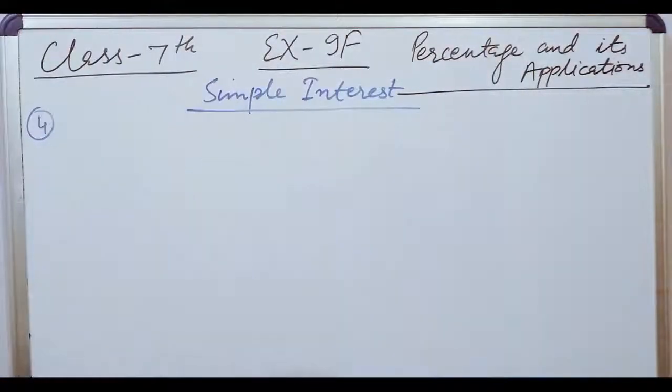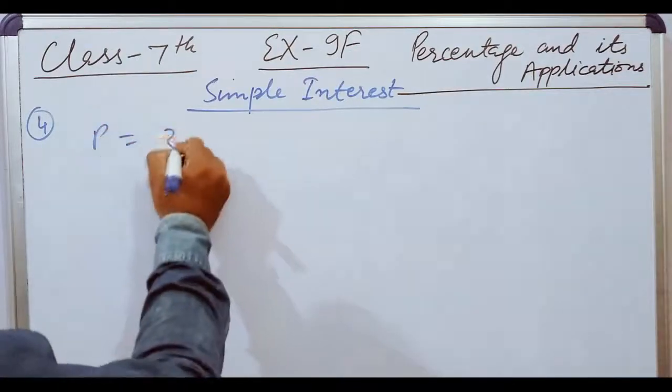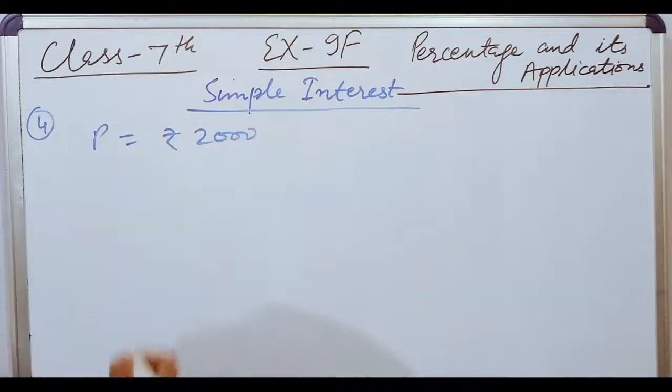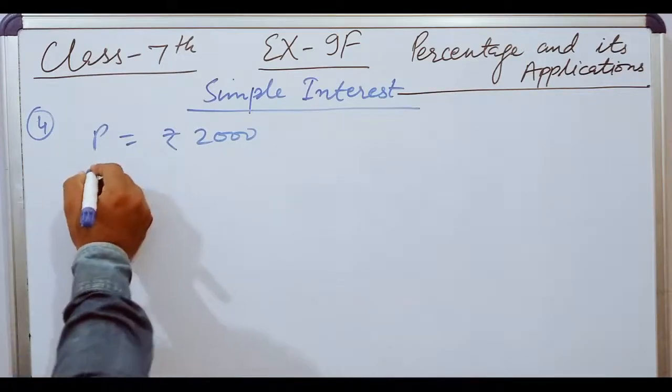Okay. At what rate will the principal rupees 2000 yield an interest of rupees 112.50 in 15 months? We have to find the rate.